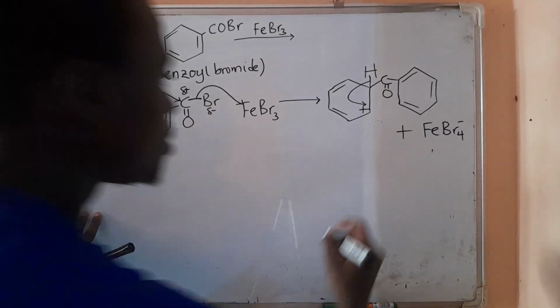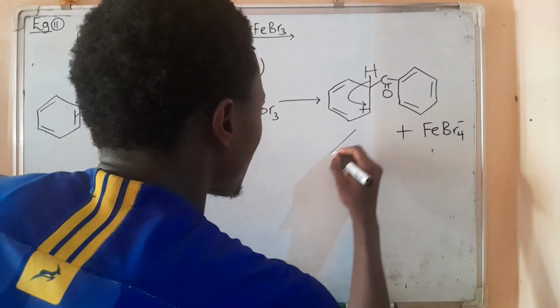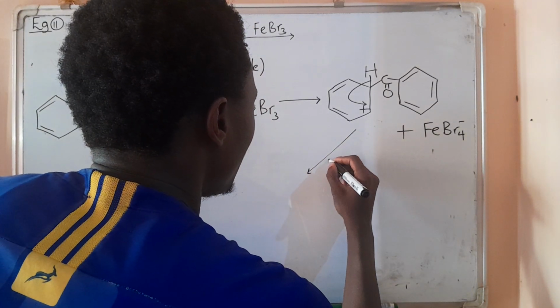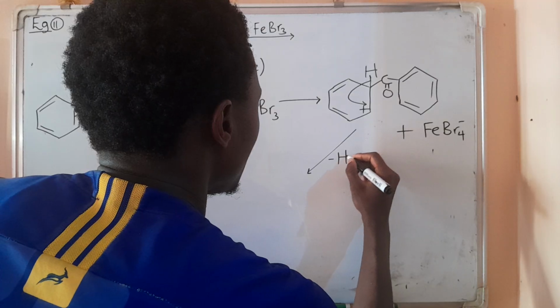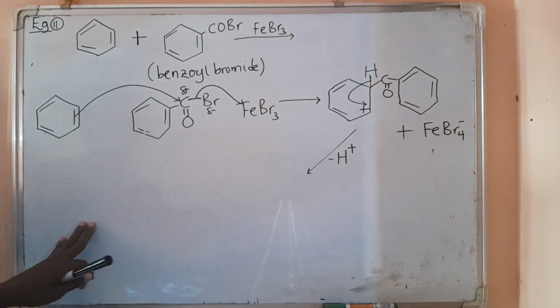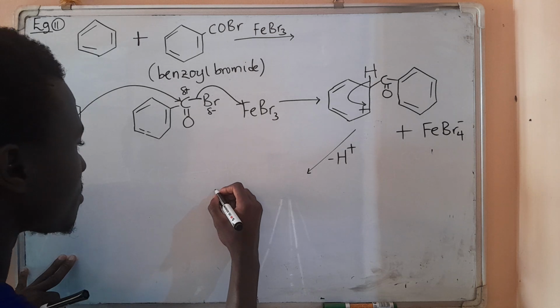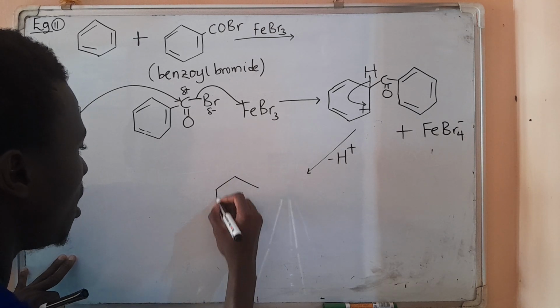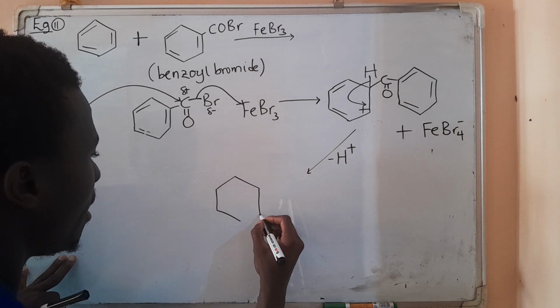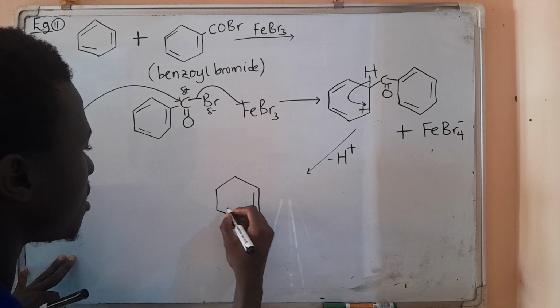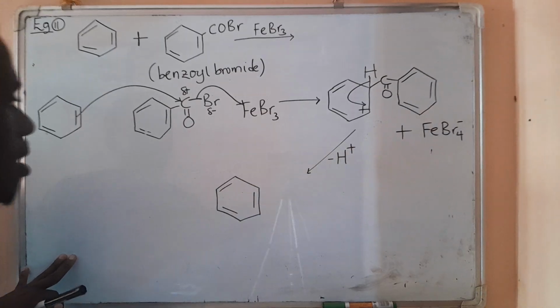Then we lose a proton, a hydrogen ion, as we form our product, like that.